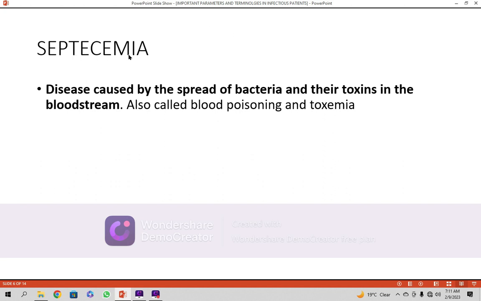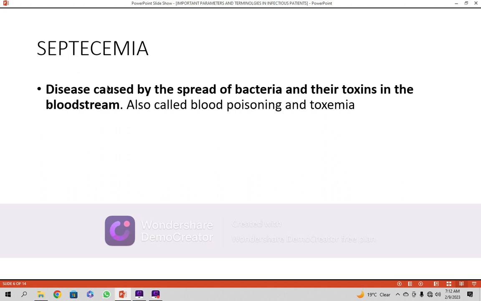Now, septicemia means that an enormous amount of bacteria spread, and toxins are in the bloodstream. Now, it's called blood poisoning or toxemia. This is the case of toxemia. Toxins, exotoxins, endotoxins are released from the bacteria, as well as the numbers are increasing.